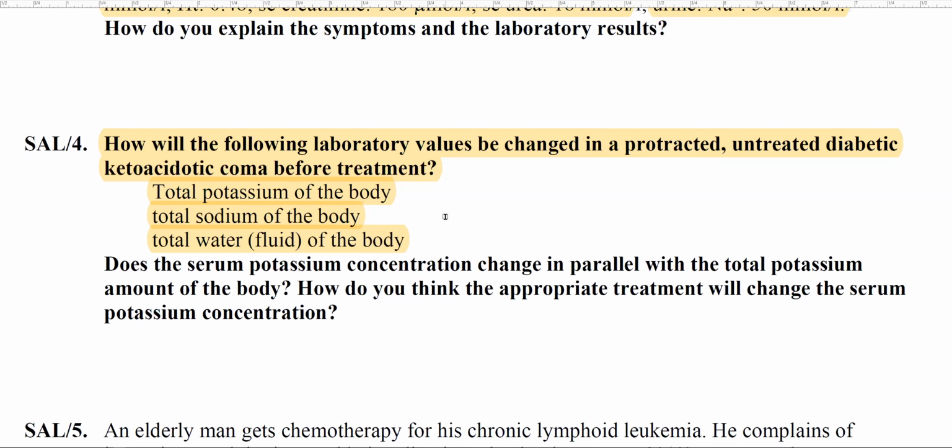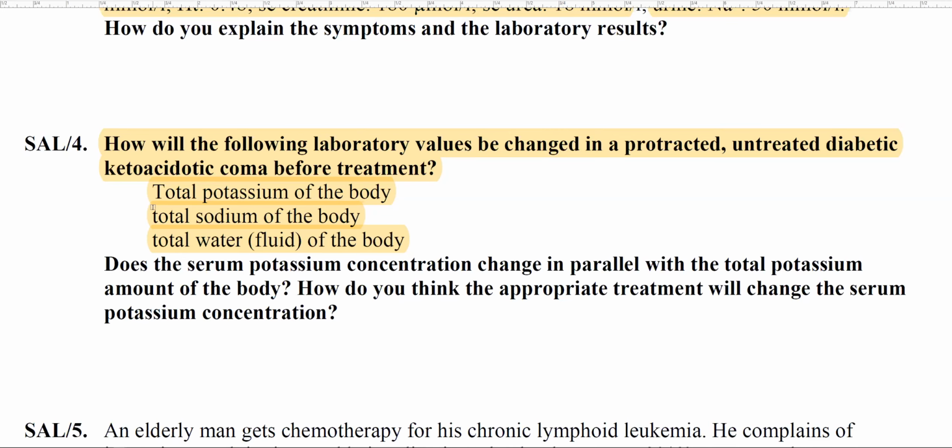As long as I'm not replacing the water, sodium, and potassium, I lost it. If I sweat, I do the same. This is why they said untreated. So this is why it's a stupid question, because if you are losing sweat or urine or anything, you are losing ions. So your total potassium, sodium, chloride, and everything decreased.